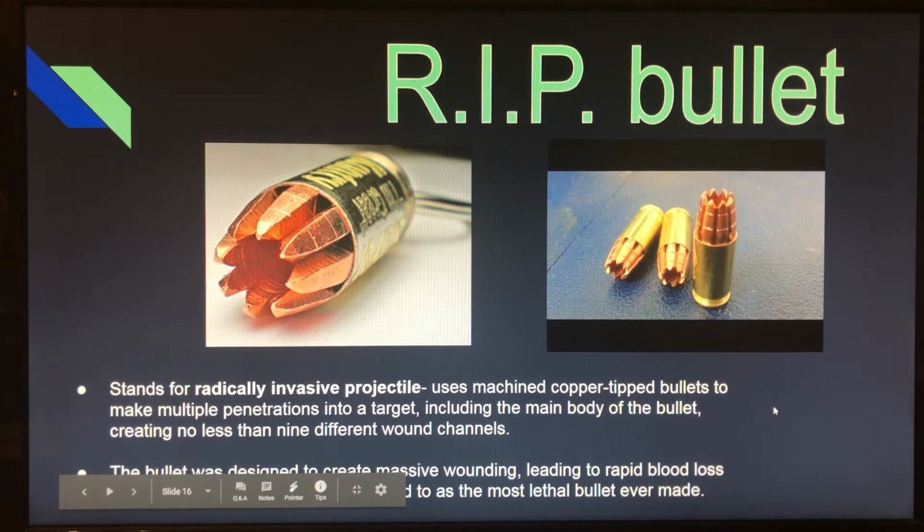So this creates no less than 9 different wound channels. The bullet was designed to create massive wounding, leading to rapid blood loss and target incapacitation. It is referred to as the most lethal bullet ever made. And it looks like a hollow nose on steroids to me.